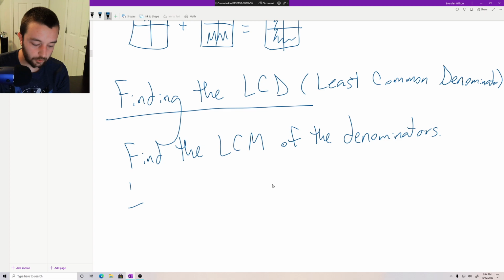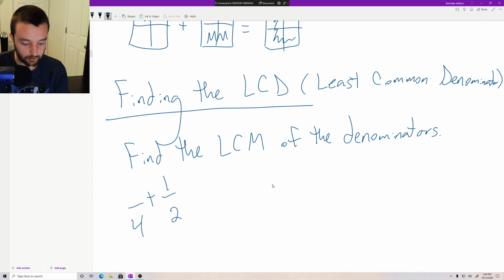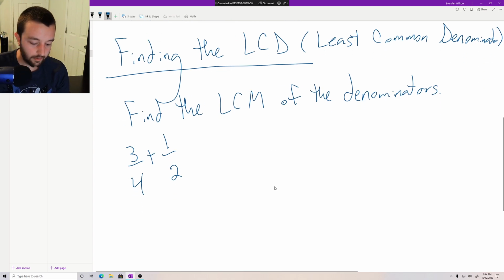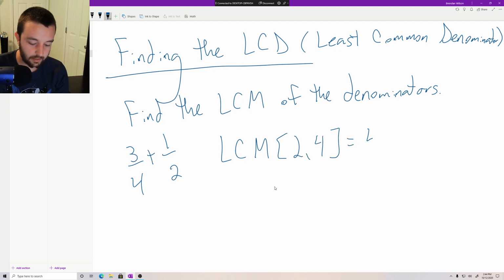So for 1/4 plus 1/2, here we can change it to 3/4, so it's a different problem. The LCM of 2 and 4 is 4, right? 4 is a multiple of 2, 4 is a multiple of itself. So this is the smallest number it could be.